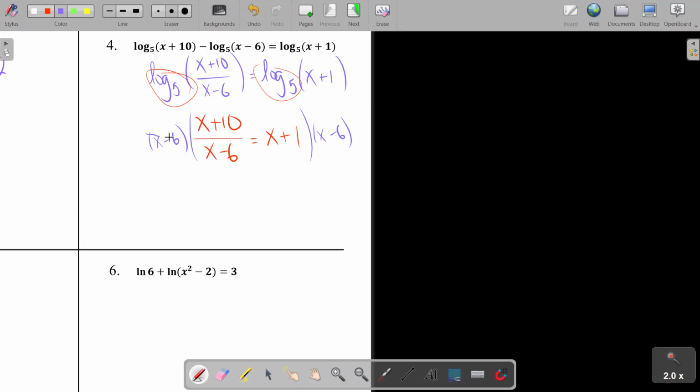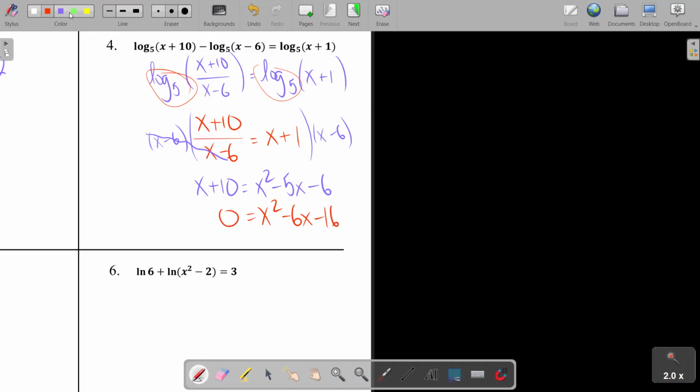And then those cancel over here, and we're left with x plus 10 equals x squared minus 5x minus 6. And because it's a normal three-term quadratic, like all the terms are accounted for, this is a move everything to one side kind of problem. So we're going to leave x squared. We're going to now have minus 6x, and we're going to have minus 16.